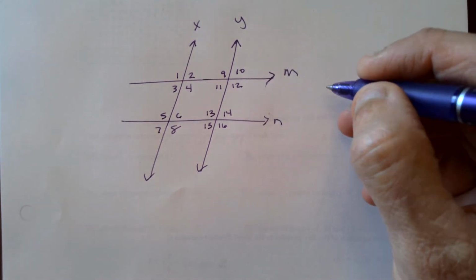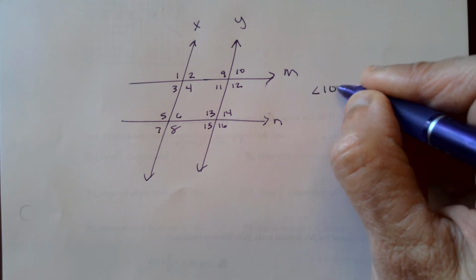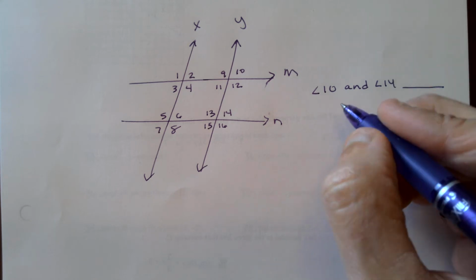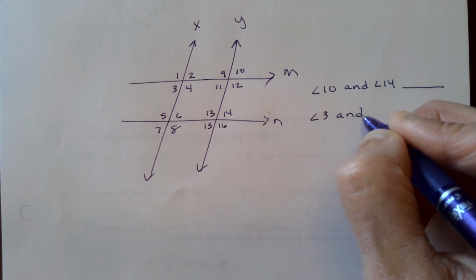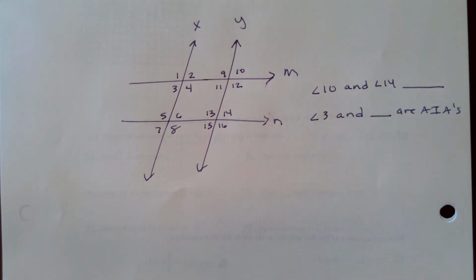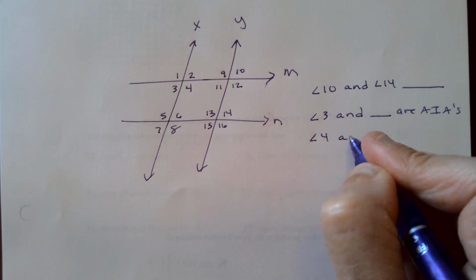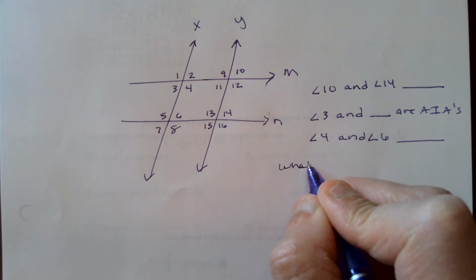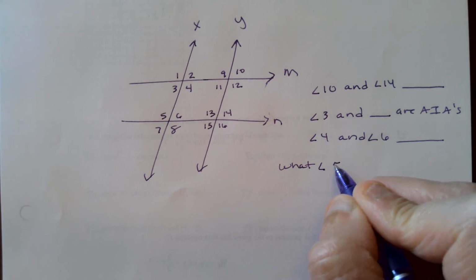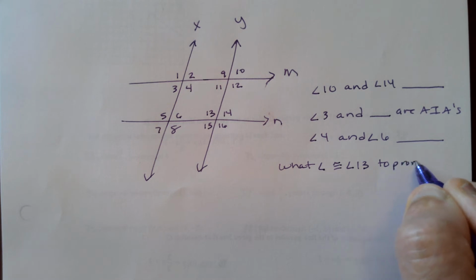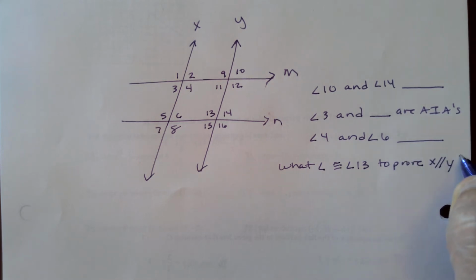All right, I want you to tell me what kind of angles are angle 10 and 14. I want you to tell me angle 3 and what are alternate interior angles. I want you to tell me what angle 4 and angle 6 are. And I want you to tell me what angle has to be congruent to angle 13 to prove x is parallel to y.